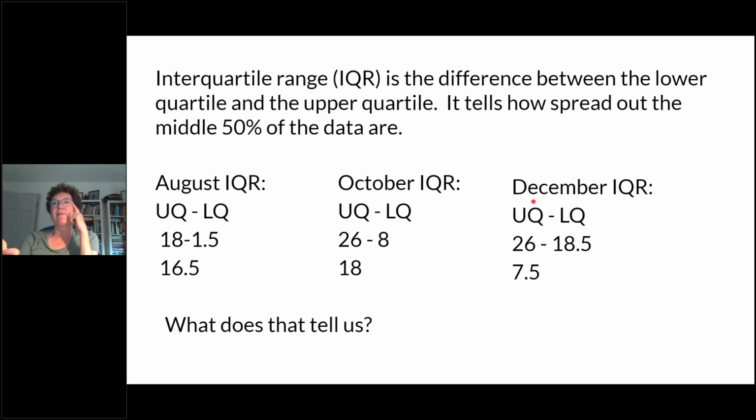And then in December, our upper quartile was still 26 and our lower quartile is 18.5. So our interquartile range is 7.5. Range is a term that tells us to look for how spread out the data are.